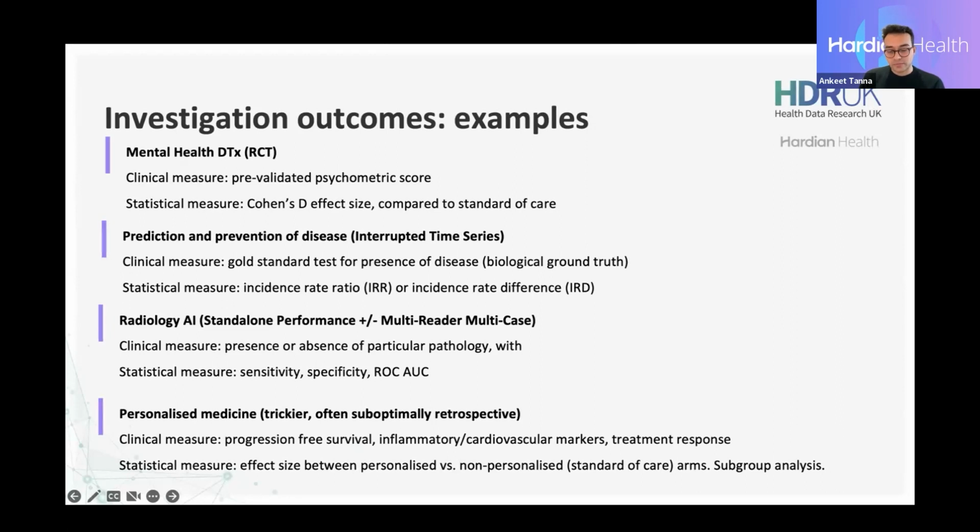And the clinical measure depends on the intended claim you make, but if your intent is to treat, then you should be using a pre-validated psychometric score, for example, to show that there is a significant effect size pre and post treatment. So that effect size may be measured using the Cohen's d, which tends to be the most common.